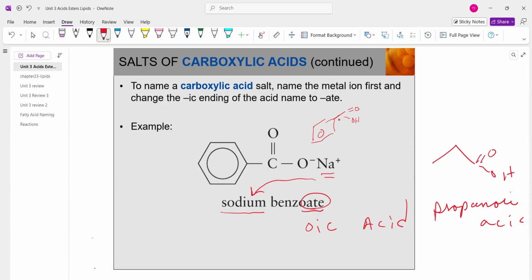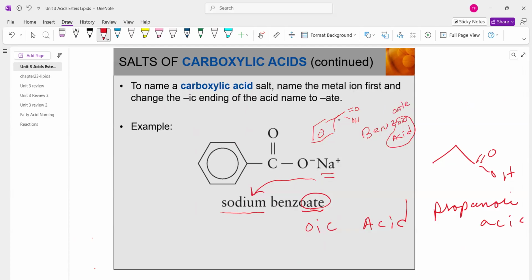And what you do is you take the "oic acid" of the name and replace it with "ate" for the acid salt.